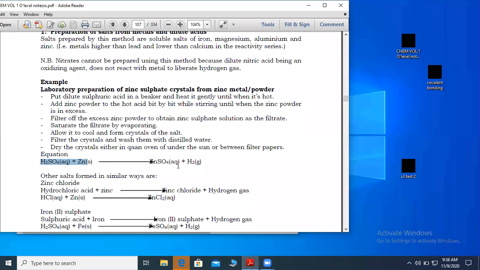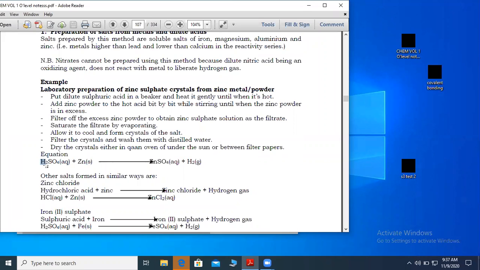If at all we don't specify, remember the most important point that I told you. There are metals which cannot displace hydrogen from the acid, and those are particularly metals which are below hydrogen in the reactivity series. For example, copper cannot displace hydrogen. Lead cannot displace hydrogen.